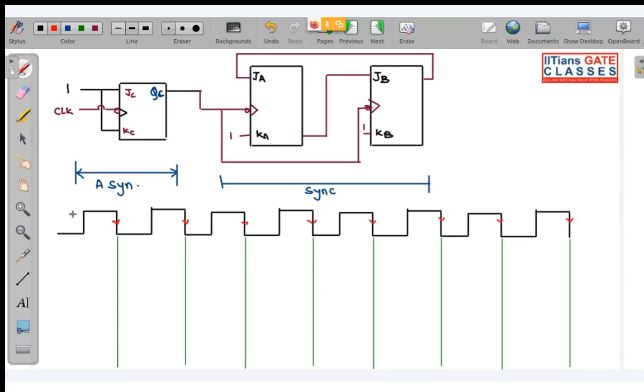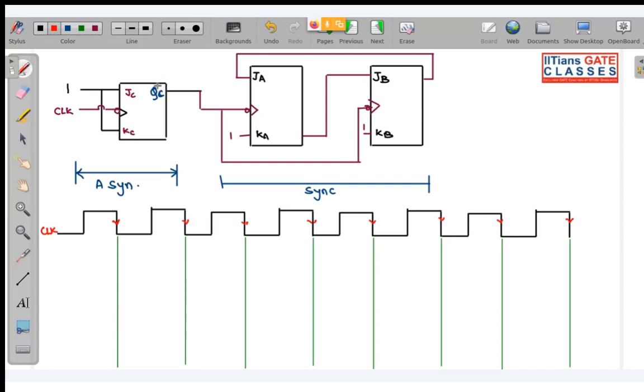Okay, so you can see this is the external clock, and basically this JC or QC is acting as what? It is acting as your toggle flip flop, because both the input JC and KC is 1 1. So at each of the negative clock edge, the states are going to toggle.